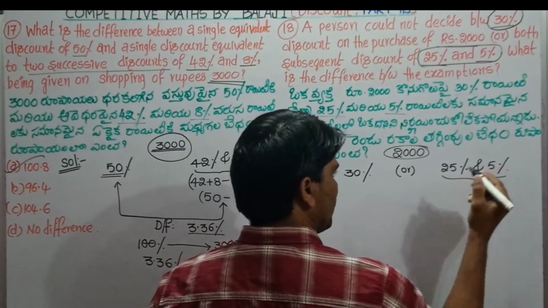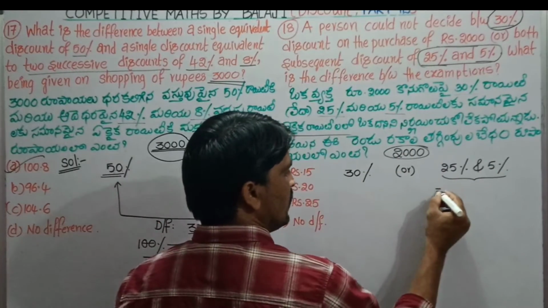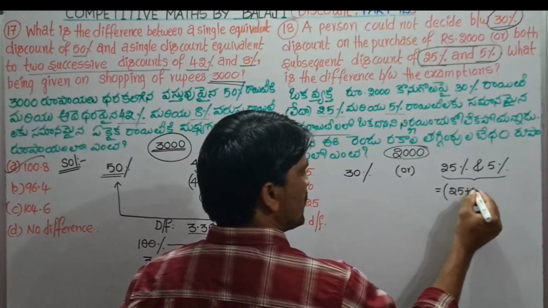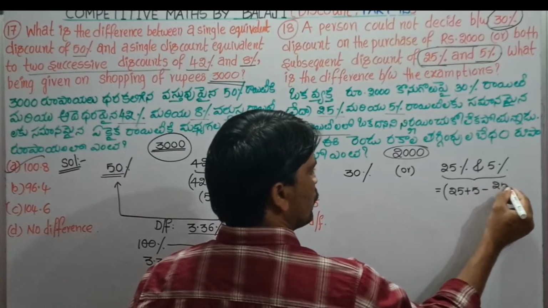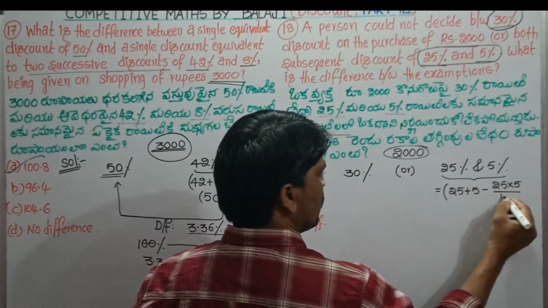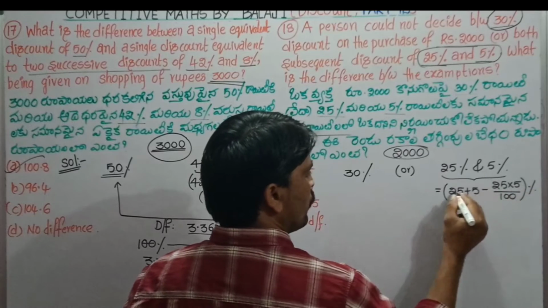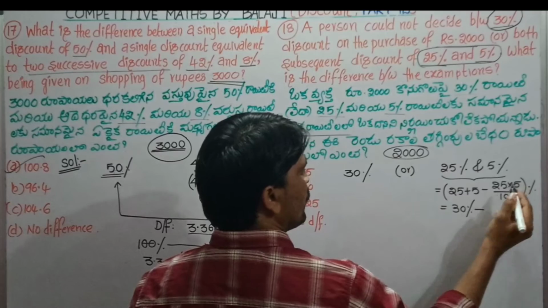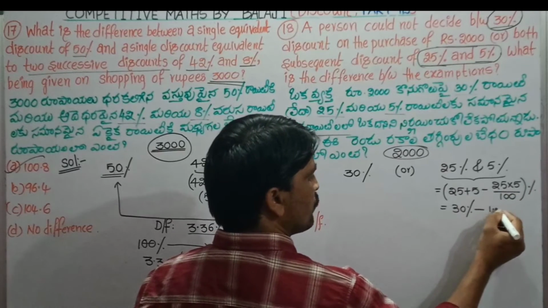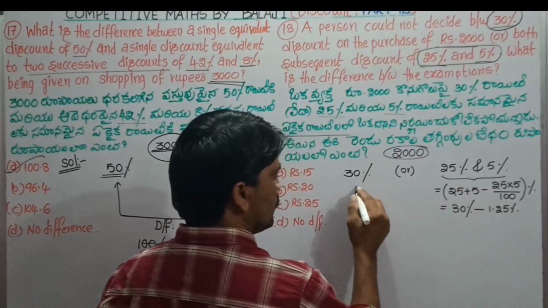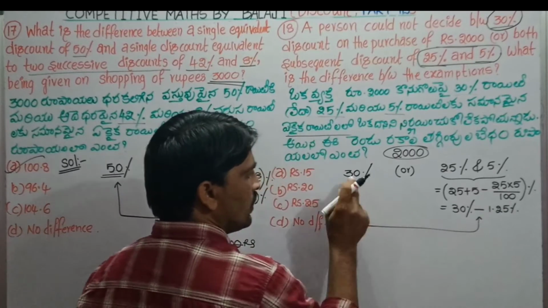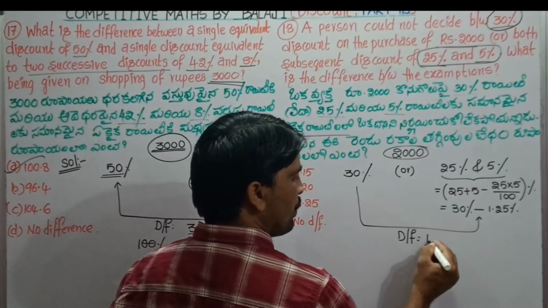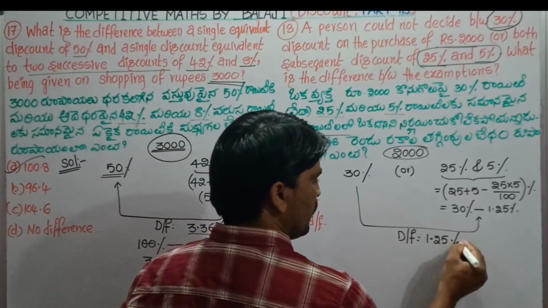Let us find single equivalent discount of 25% and 5%, that is x plus y minus xy by 100 formula. 25 plus 5 minus 25 into 5 by 100 percentage. 25 plus 5, that is 30%, minus 25 5s are 125, 125 by 100 is 1.25%. So difference of these two, 30% gets cancelled. Difference is 1.25%.